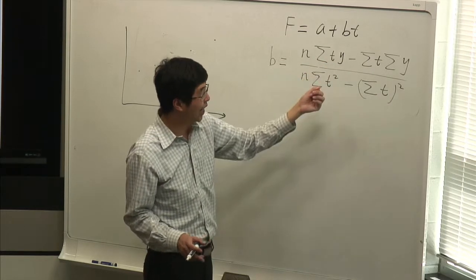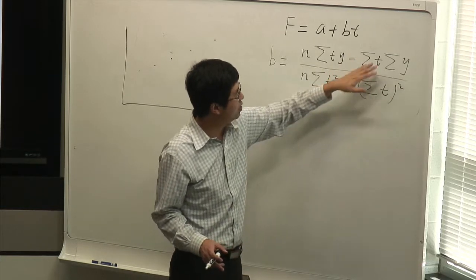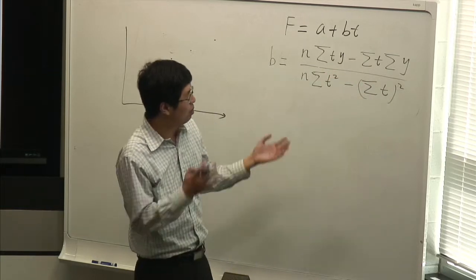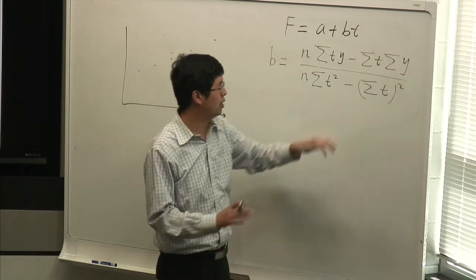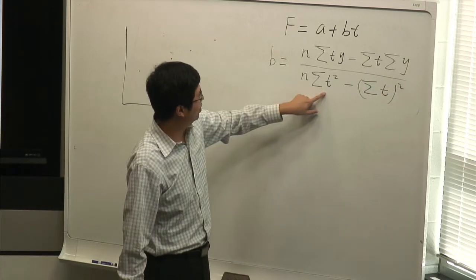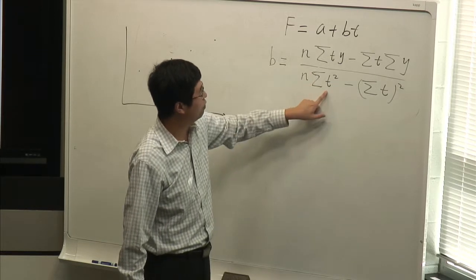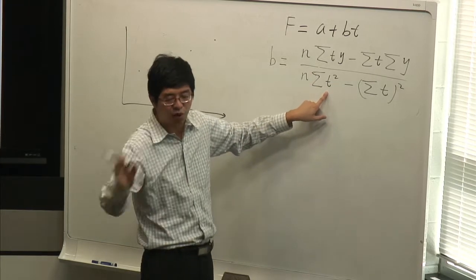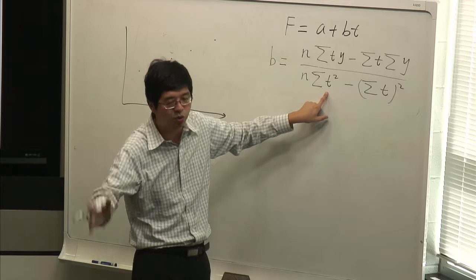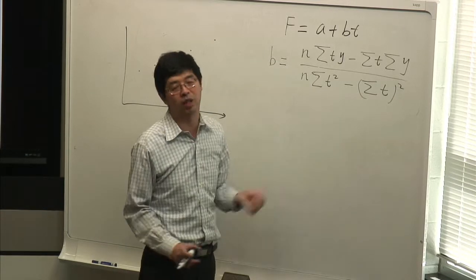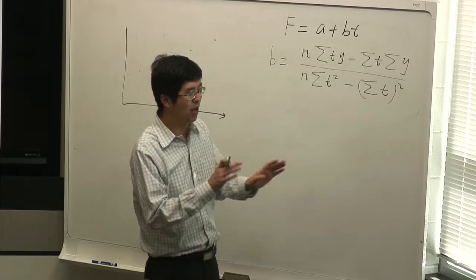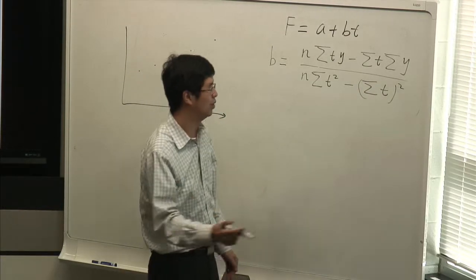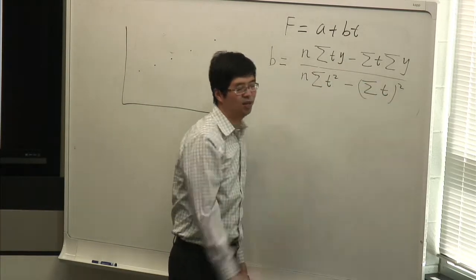Here we sum t together, from 1, 2 until 10, and sum the actual demand together. This term means first you calculate t squared for each time period: 1 squared, 2 squared, 3 squared, and add them together. And the last one means you sum t together, 1 plus 2 plus 3 plus 4 until 10, and then square it.